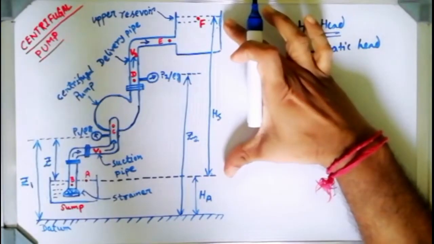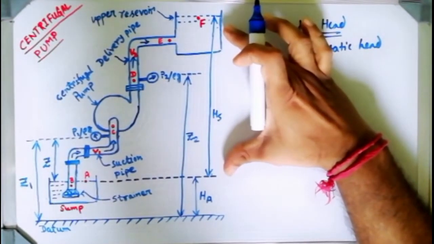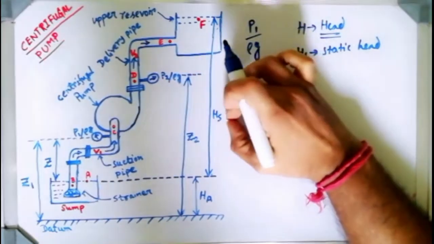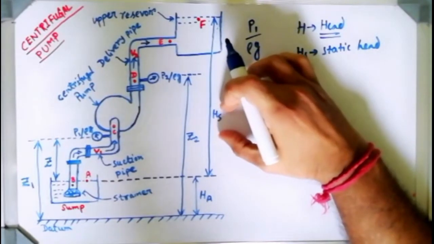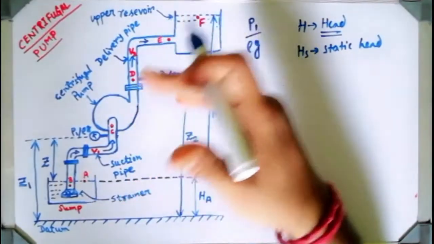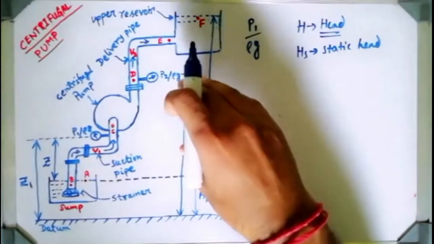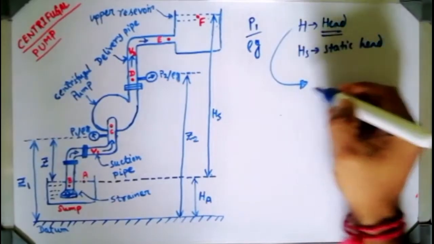This height is not elevation, mind it, it is the head. I will show you later that if you want to get this H, lots of energies are there: pressure energy, velocity energy, and elevation energy. All these energies will give you the H, because we all know how head can be obtained.